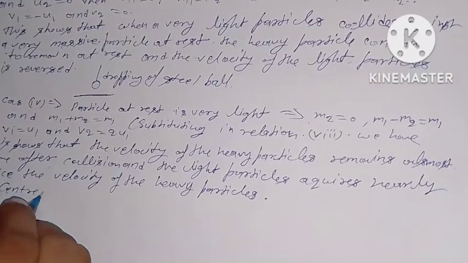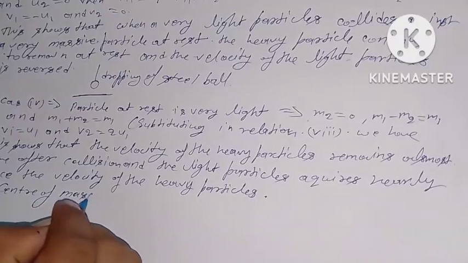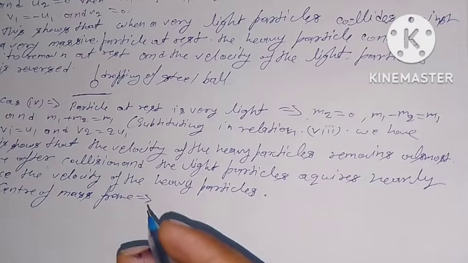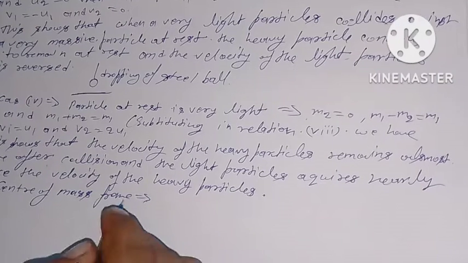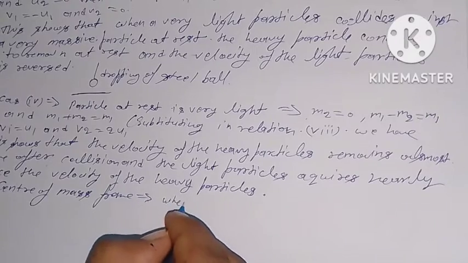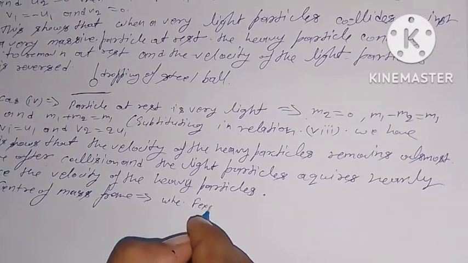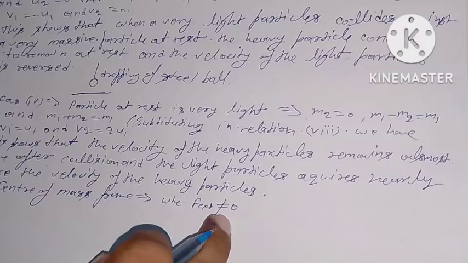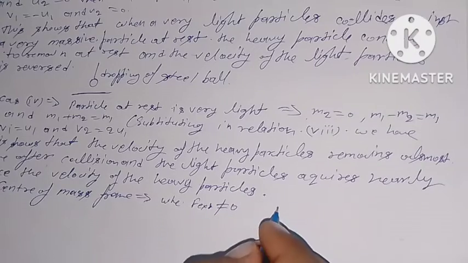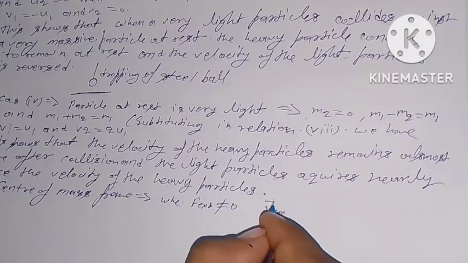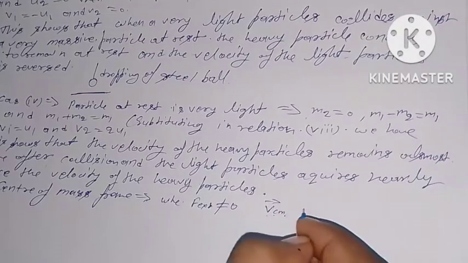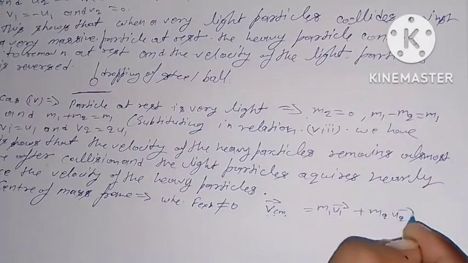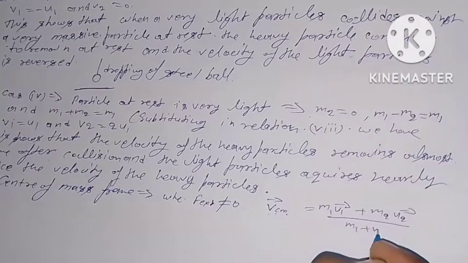Center of mass frame. When no external force is acting, the velocity of center of mass is given by VCM equals m1 u1 vector plus m2 u2 vector upon m1 plus m2.